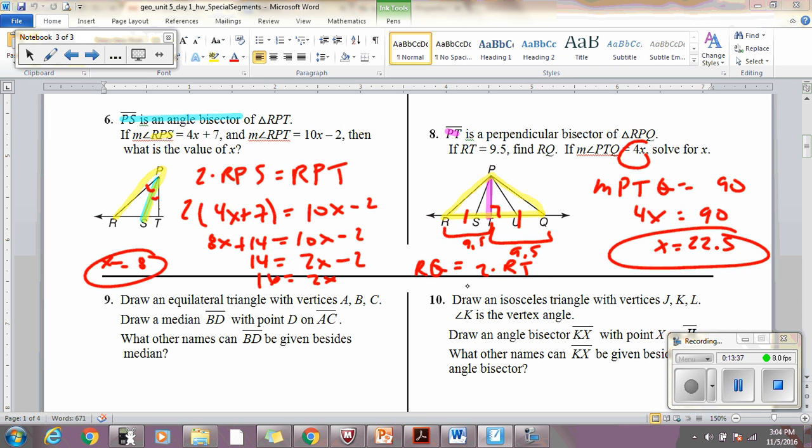In other words, 2 times 9.5, which would be 19. So we found RQ and we solved for x. So you did need both pieces of information. My apologies.